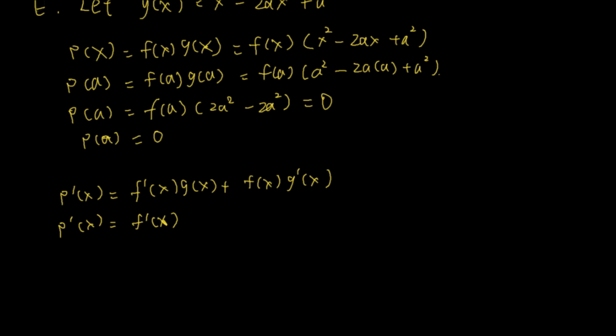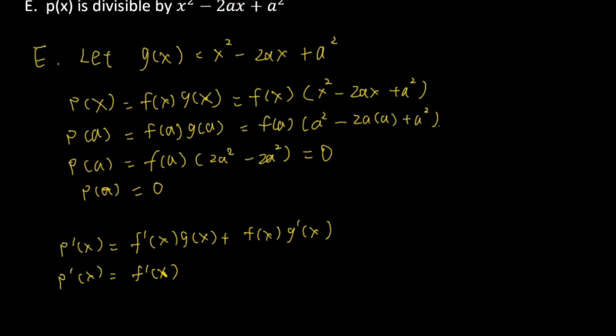G at x will be x squared minus 2ax plus a squared, plus f at x, as we don't know what it is, times g prime at x. We know g at x is x squared minus 2ax plus a squared, so the derivative of x squared is 2x. Derivative of 2ax is 2a. Derivative of a squared is 0 because it's a constant.